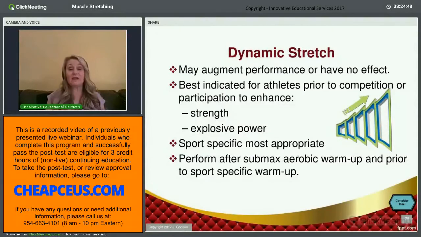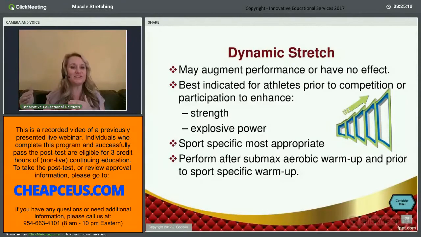Dynamic stretching, the research seems to say that it can help increase muscle performance. Some of the studies do say that it doesn't have an effect, but the concern is that it doesn't necessarily make your performance better. It doesn't inhibit the performance in the same way that static stretching would.